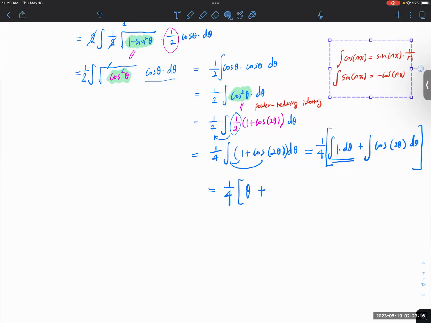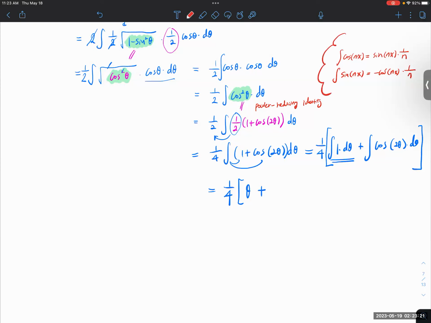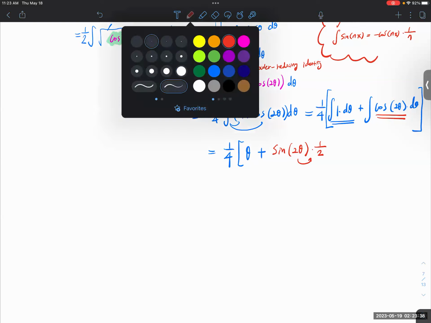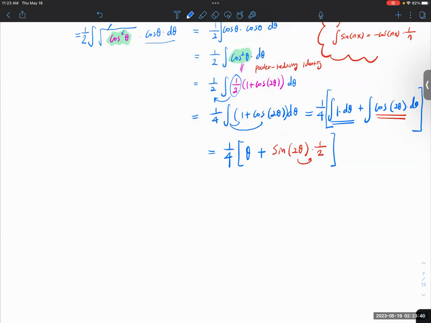I need a little bit of space. So this is something you can find in the table. Therefore this one is going to be sine 2 theta, correct? So we have sine 2 theta, and then you multiply by 1/2. Are we okay? So that's what happened.